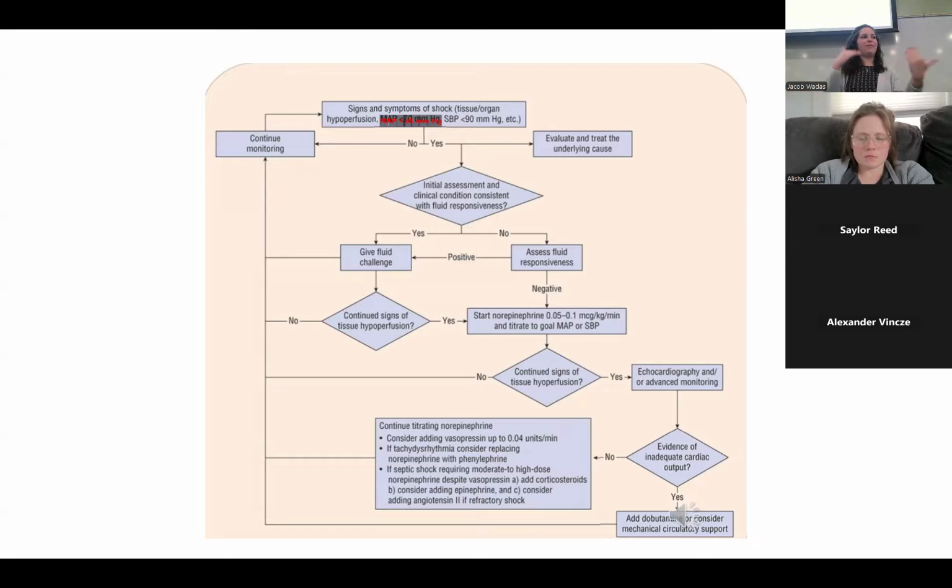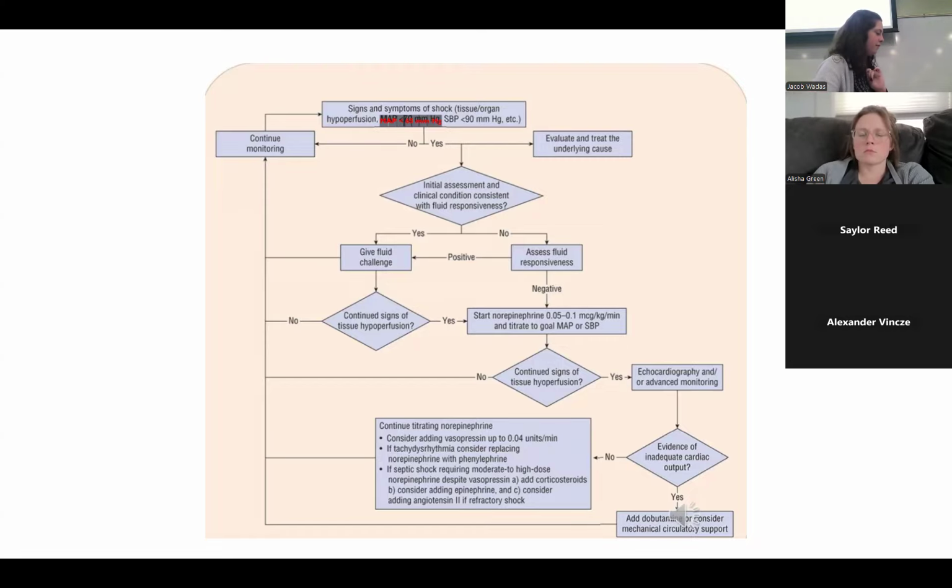It's just this funny little algorithm of how they include everything, but don't let it scare you. Just break it down into the different sections. Are we giving fluid? Is that working? Yes, no, we move on to the next step. Does that help break this craziness down a little bit? Good. Okay.